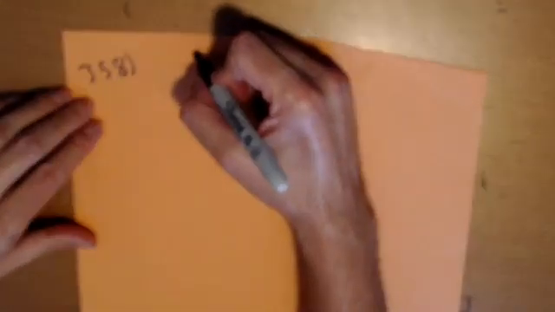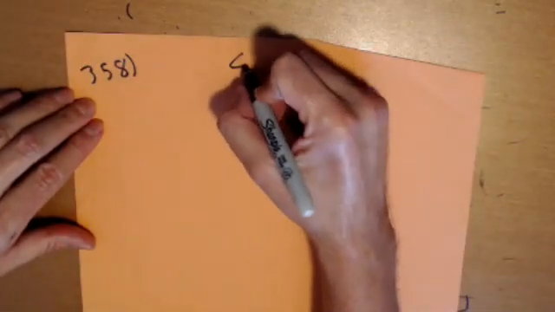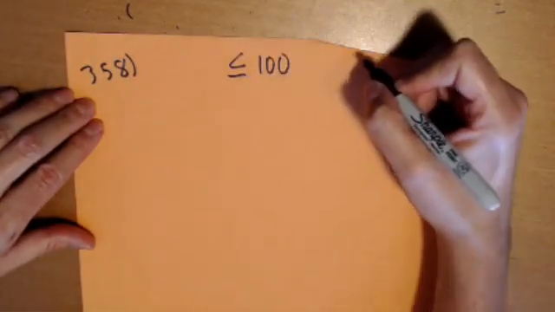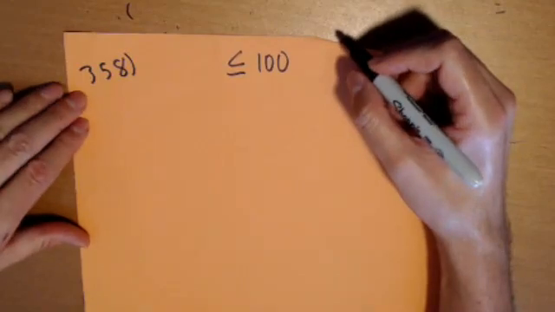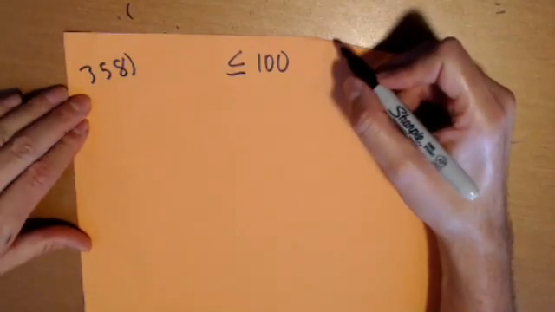358. Mullins TV plan. Okay, TV plan, I get this. $49.99 a month plus $5.49 for each first run movie. How many first run movies can he watch if he wants to keep his monthly bill to a maximum of $100? So he wants to keep how much he spends less than or equal to $100. How many movies can he watch?